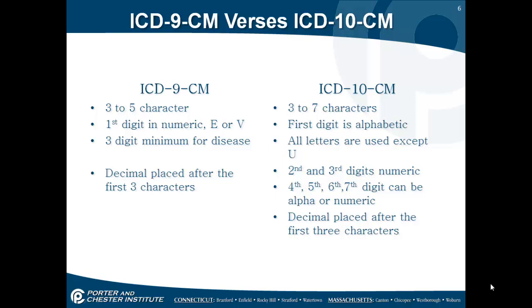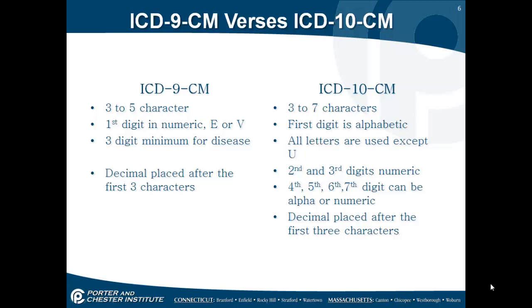ICD-9 versus ICD-10. ICD-9 has 3 to 5 characters. ICD-10 has 3 to 7 characters. In ICD-9, the first digit is either numeric or begins with an E or a V. In ICD-10, the first digit is alphabetic. ICD-9 has a 3-digit minimum for disease.